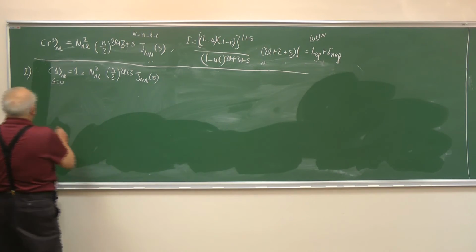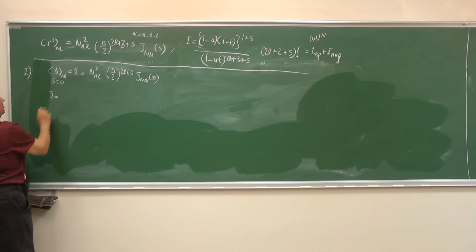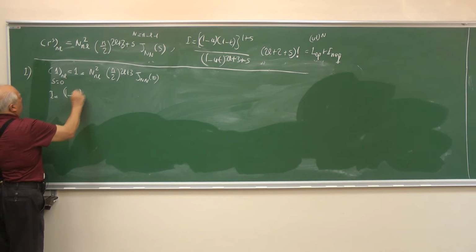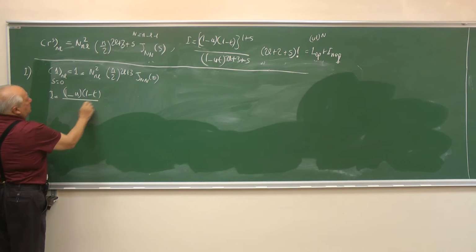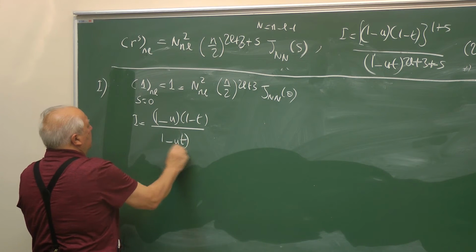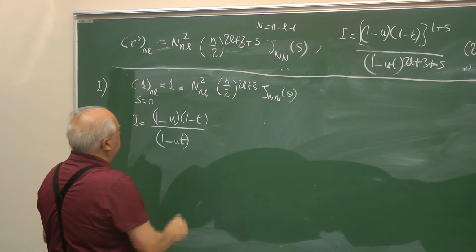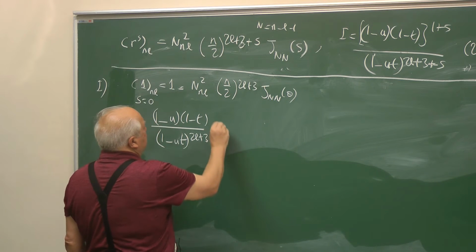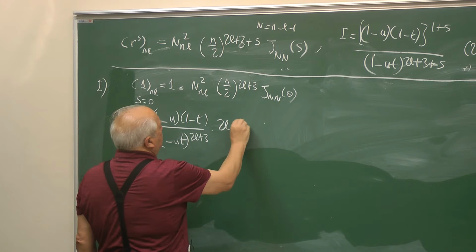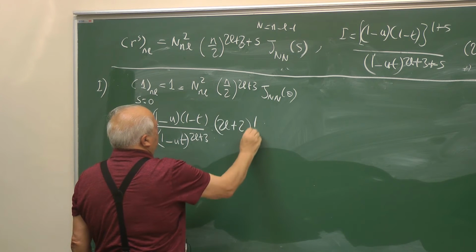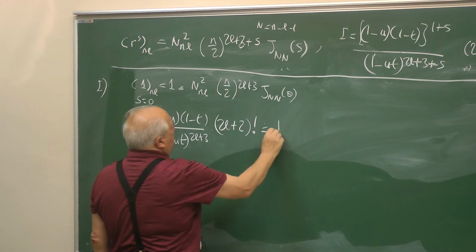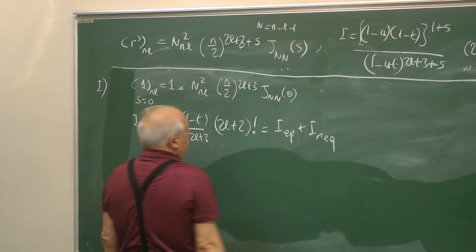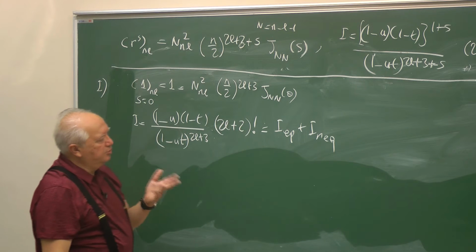So I is equal to, S is 0, so we have (1 minus U)(1 minus T) over (1 minus UT) to the (2L plus 3), times (2L plus 2) factorial. And this is I equal powers plus I not equal powers. When I say equal powers, I mean the powers of U and T.